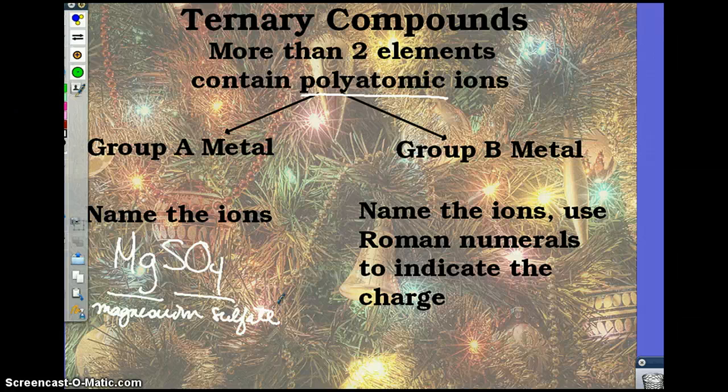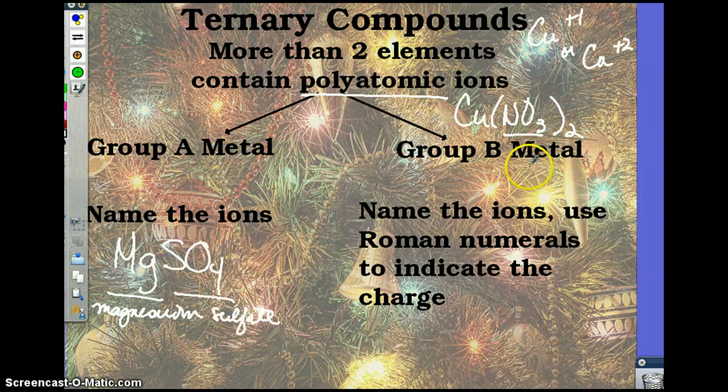So for example, okay, here is copper, a group B metal. I know copper can be +1 or +2. And I know since the polyatomic ion that it's bonded to in here is nitrate, if I break this down, I have 2 nitrates in there and one copper.